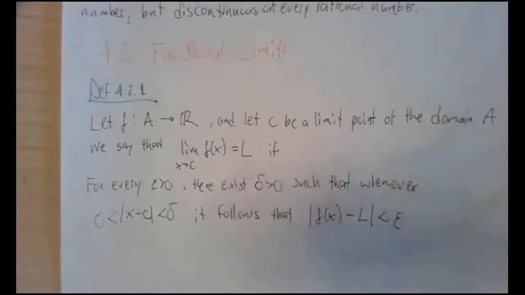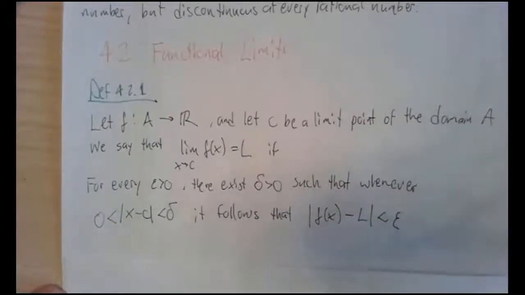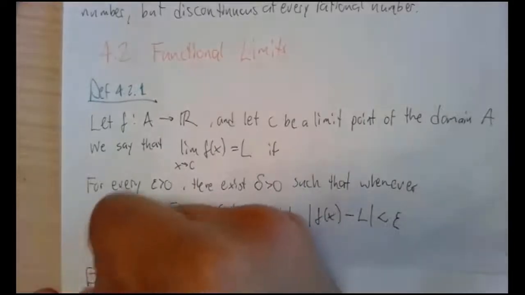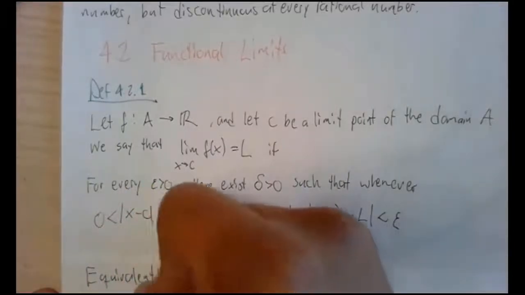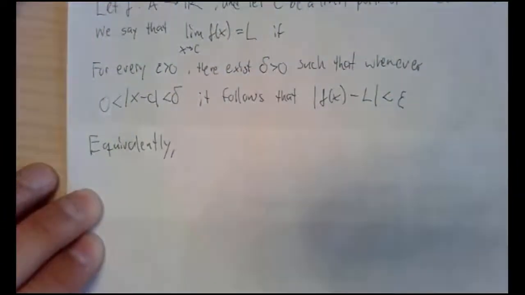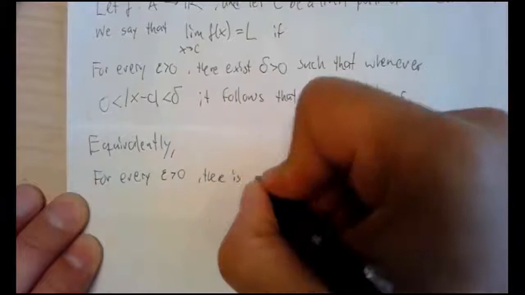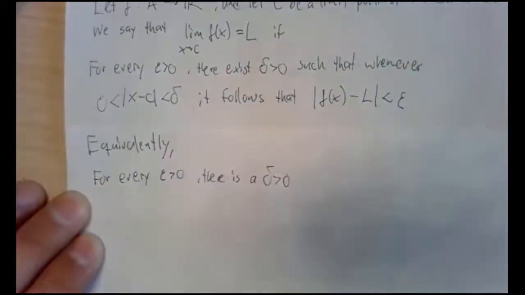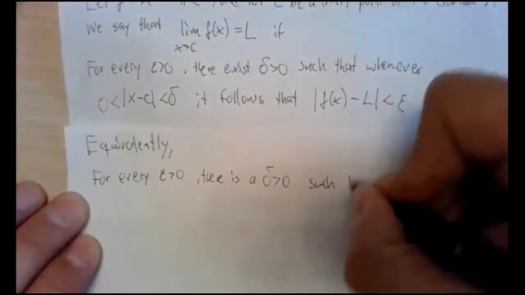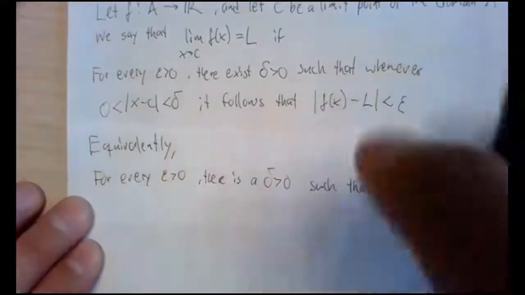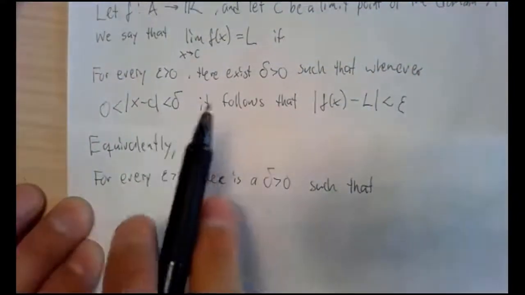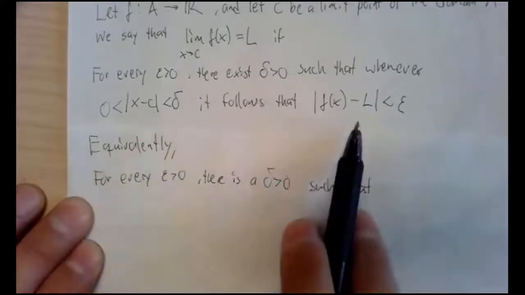So how do we write this definition with neighborhoods? Here it goes, an equivalent definition. So for every epsilon, there is a delta such that, and then let's see, we're saying if this happens, then this happens, right?